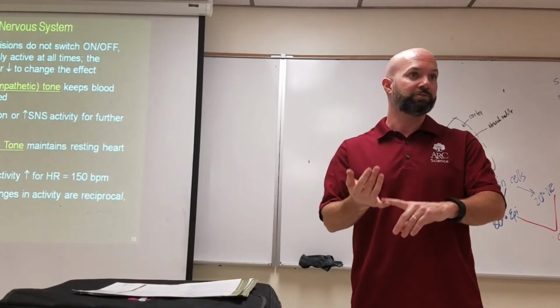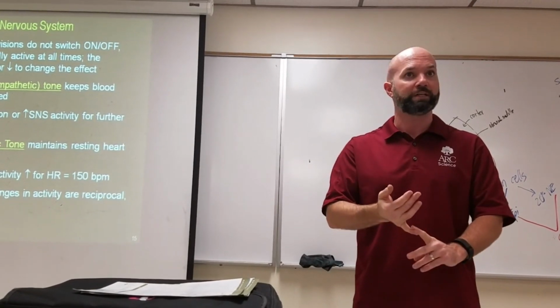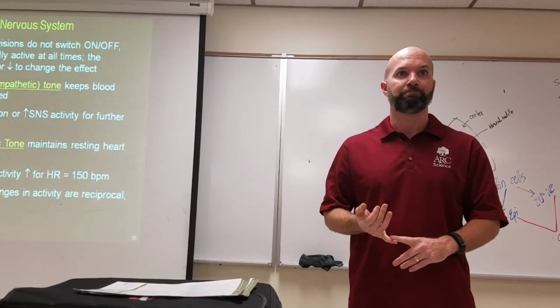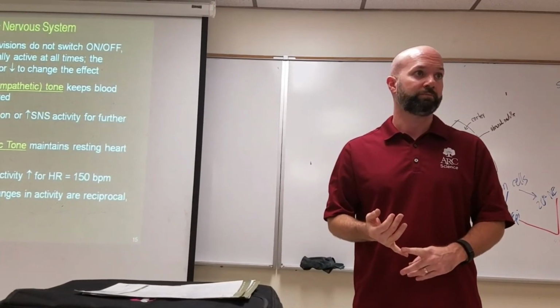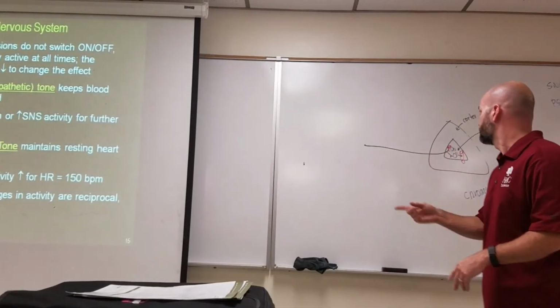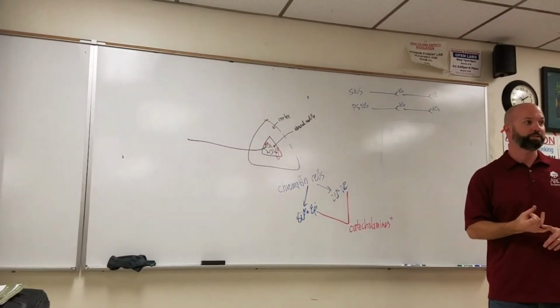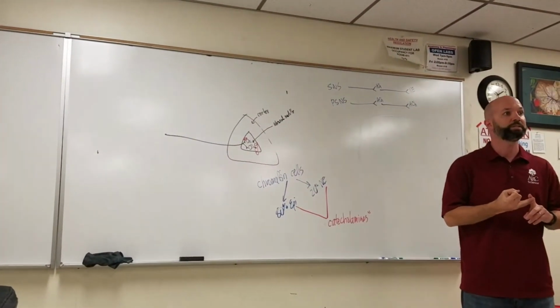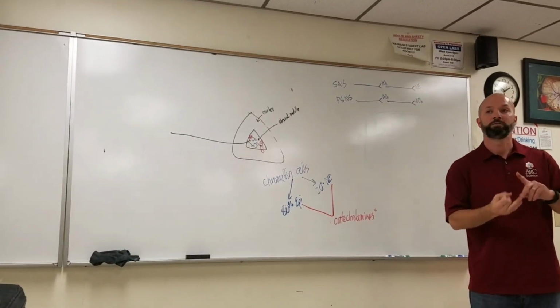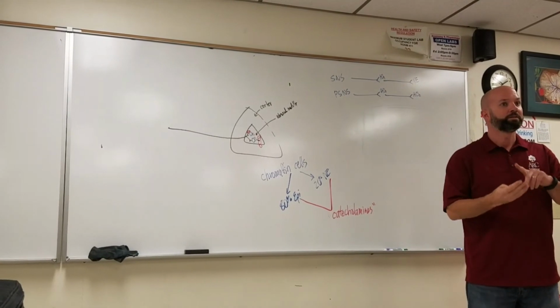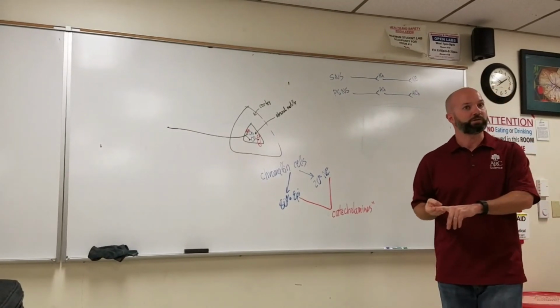Because remember, blood vessels was an example of a target organ that does not receive dual innervation, sympathetic only. What were the other examples? Adrenal gland, sympathetic only. Blood vessel, sympathetic only. Sweat gland, sympathetic only. Erector pili muscle, sympathetic only.